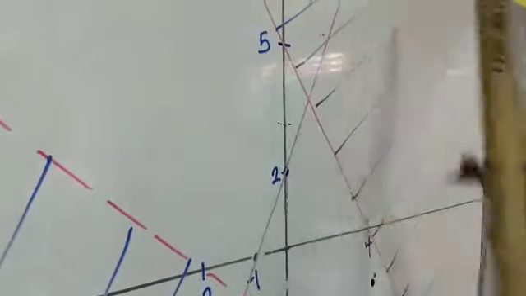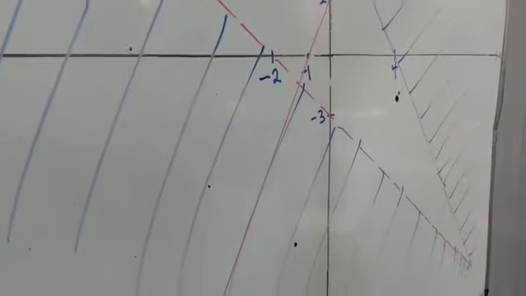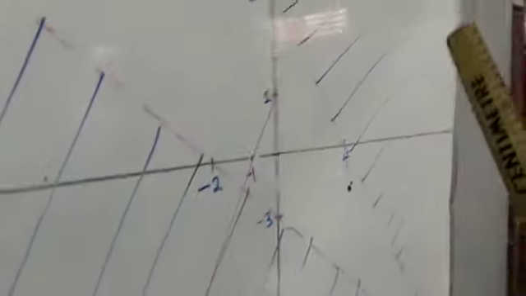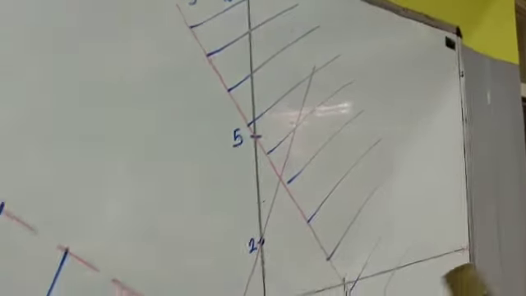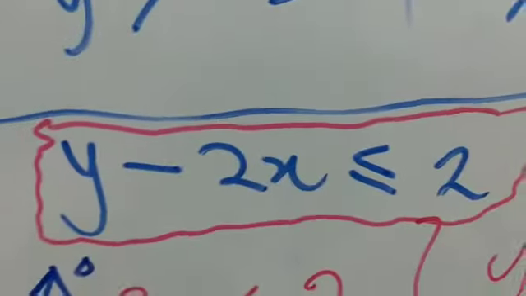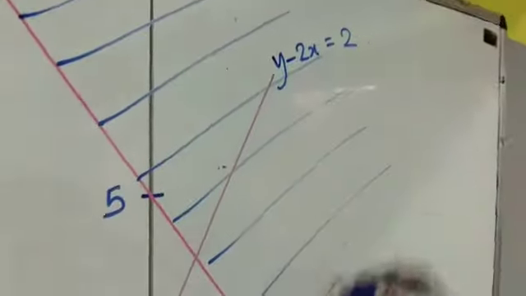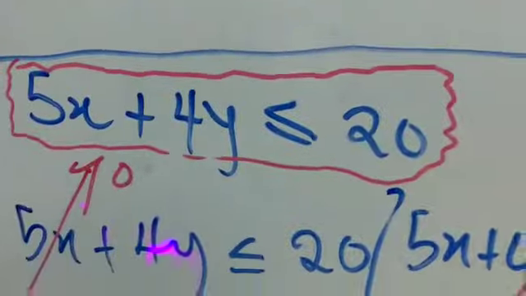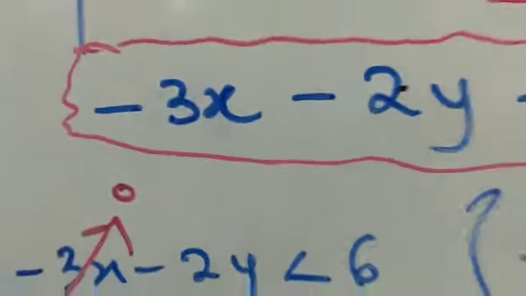Okay, we write the equation of the line. The equation of the line is y minus 2x equals to 2. We didn't write this one, but this equation is minus 3x minus 2y equals to 6.